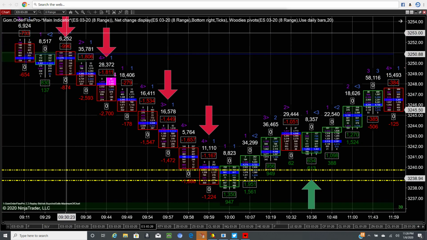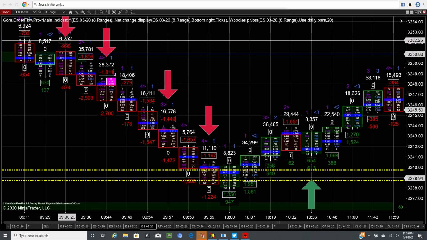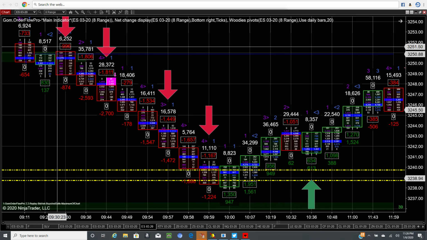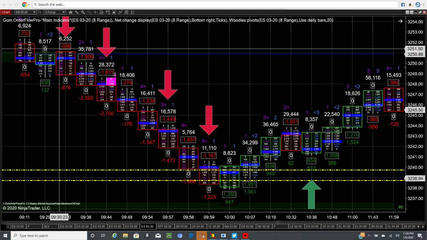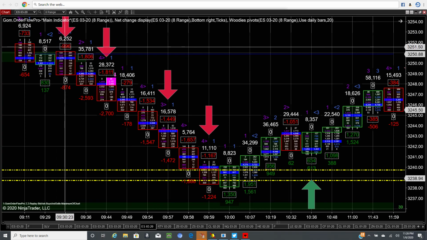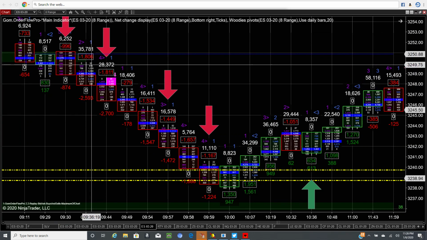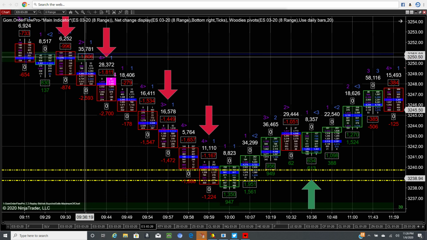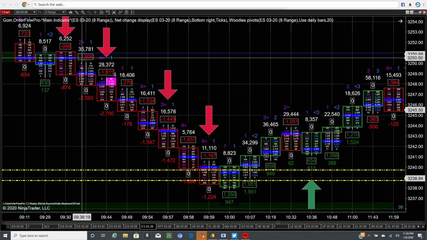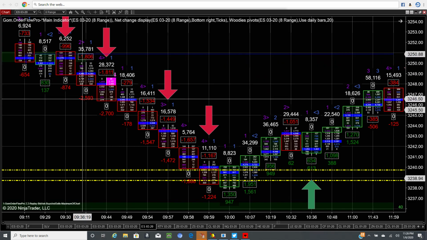I want you to notice when the trend starts, when we get this first signal, look at the disparity between, we have negative 996 on the commitment of traders, and we have negative 874 on the delta. It's pretty close together, isn't it? Once this trend starts to establish, look at the disparity here. You've got a lot more disparity.